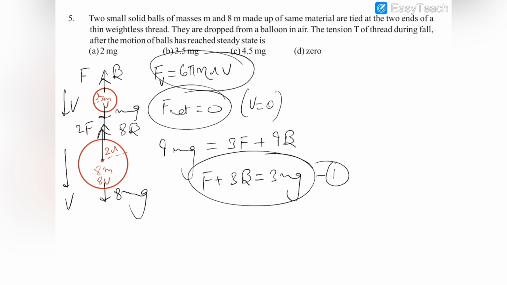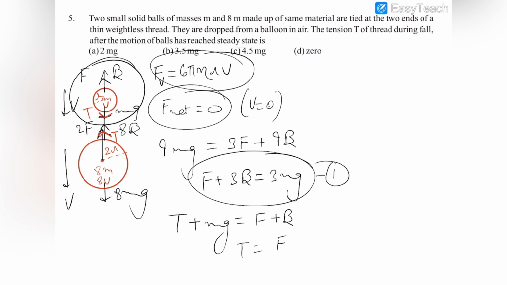So if I assume that the tension acting on this ball is in the downward direction and the tension acting on this ball is in the upward direction, then for the individual ball, this one A, the net force is 0, and therefore T plus mg is equal to F plus buoyancy. Buoyancy is acting in the upward direction. So you can see that T will be equal to F plus buoyancy minus mg.